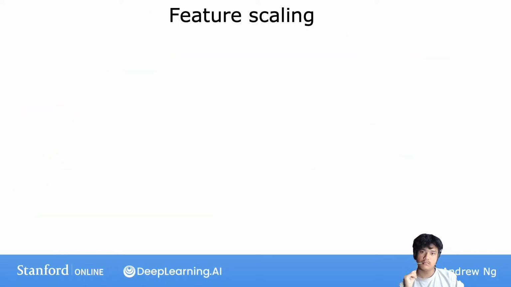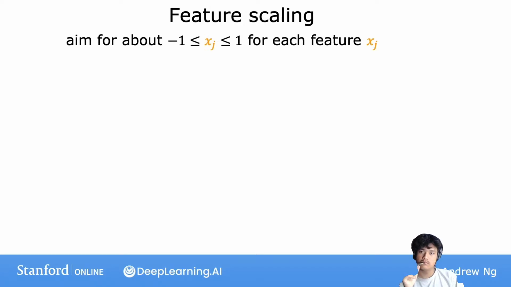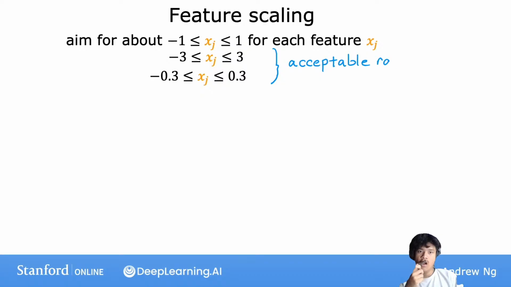As a rule of thumb, when performing feature scaling, you might want to aim for getting the features to range from maybe anywhere around negative 1 to somewhere around plus 1 for each feature x. But these values, negative 1 and plus 1, can be a little bit loose. So if the features range from negative 3 to plus 3 or negative 0.3 to plus 0.3, all of these are completely okay.